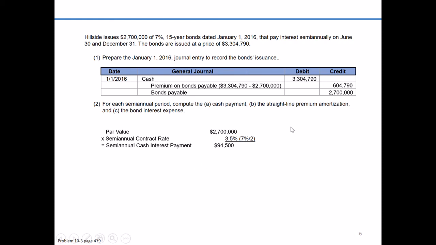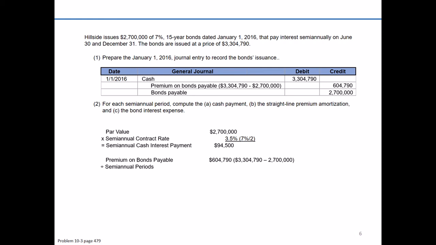Keep in mind, we also have to amortize our premium, just very similar to how we amortize our discount. We're going to use straight line. The total amount of the premium was $604,790, just the difference between the amount of cash received and the par value. We're going to evenly record that and amortize that over each of the periods.